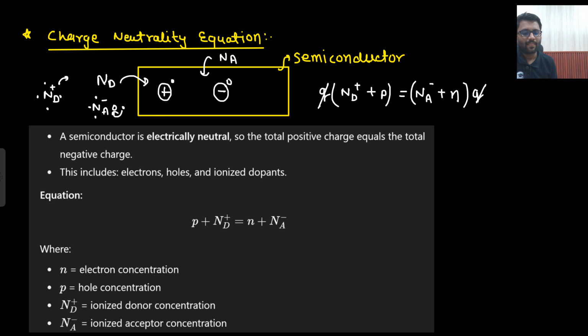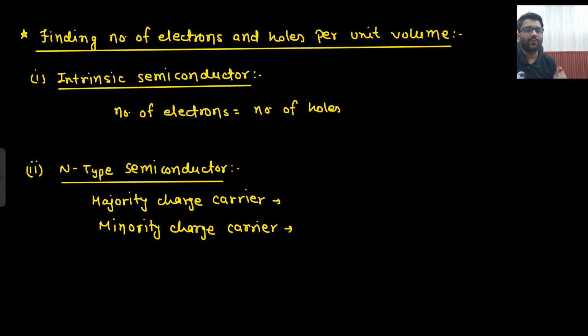All good. Now let's see where we are going to use it. We are now going to find the electron and hole concentration per unit volume in our semiconductors. In an intrinsic semiconductor, you already know that the number of electrons is equal to the number of holes, which is equal to the intrinsic carrier concentration.